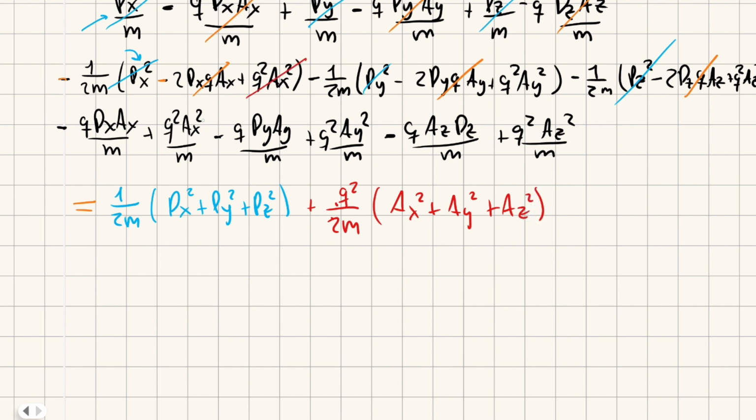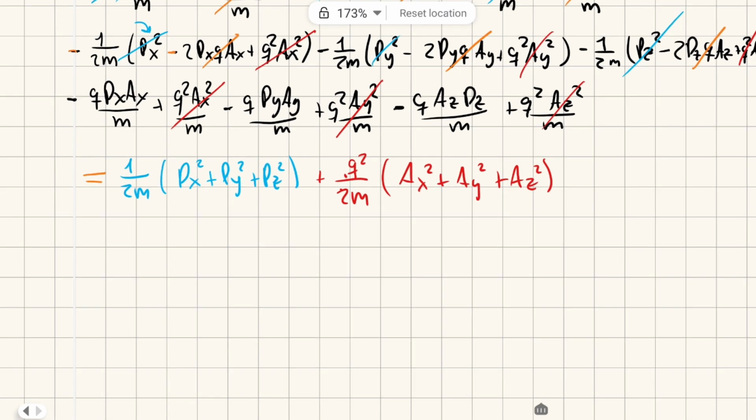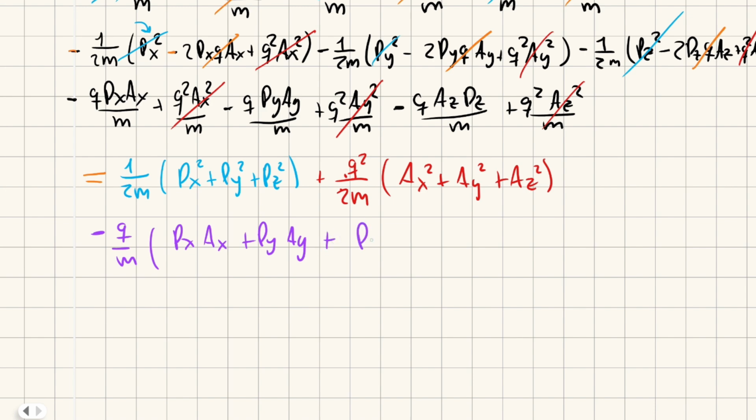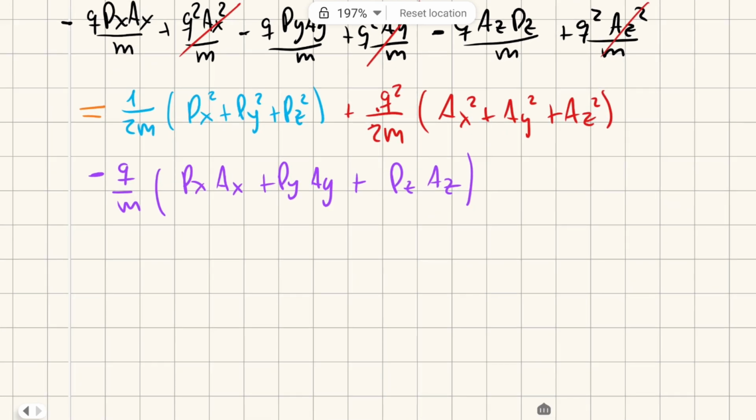It is for this element, this one, this one, this one, and this, right? Okay, so what other thing can we do? Well, we will get a common factor minus q divided by m that multiplies px ax plus py ay plus pz az, right?